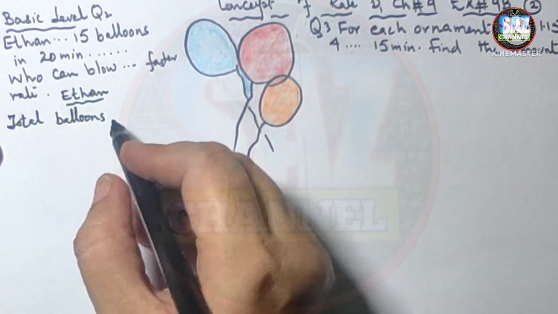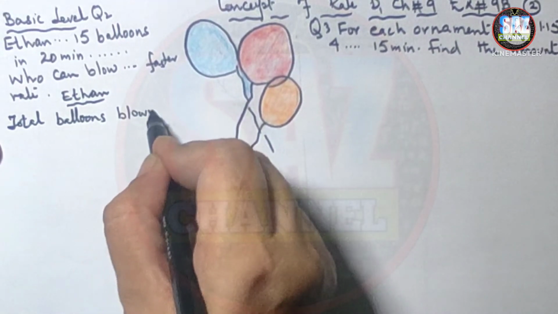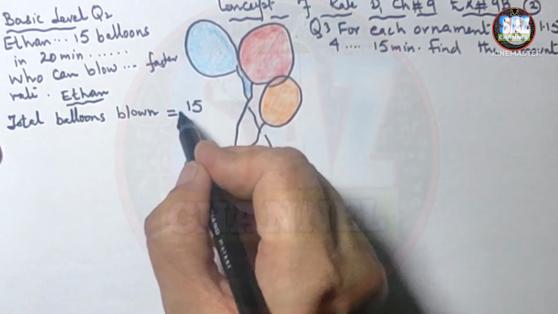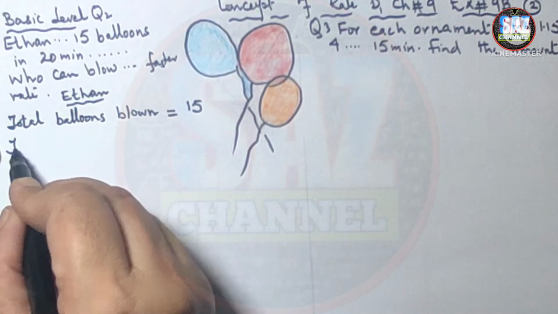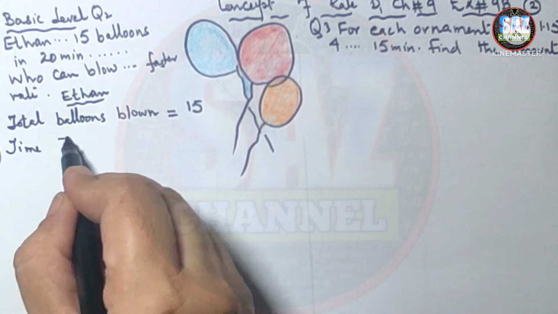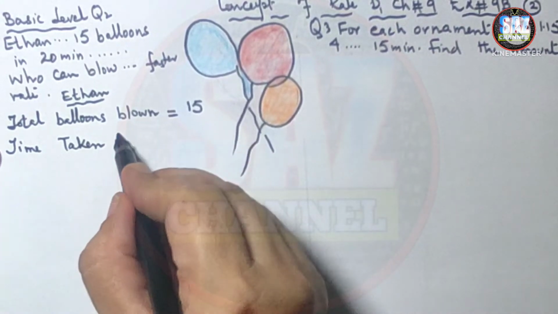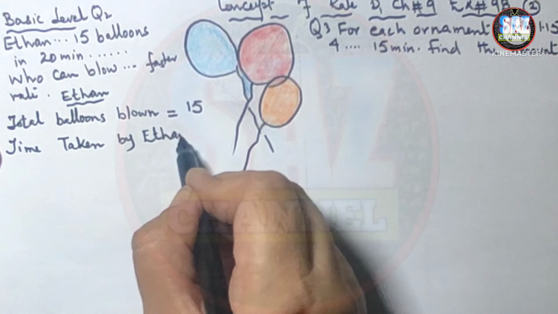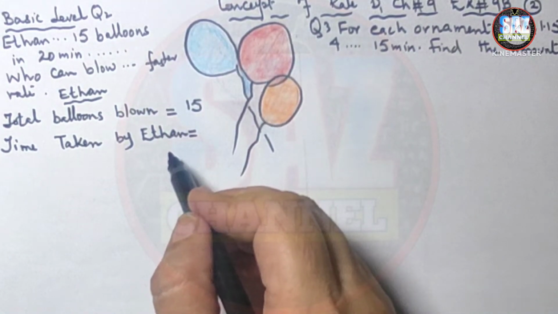Total balloons blown by Ethan are equal to 15, and how much time is he taking? Time taken by Ethan is equal to 20 minutes.